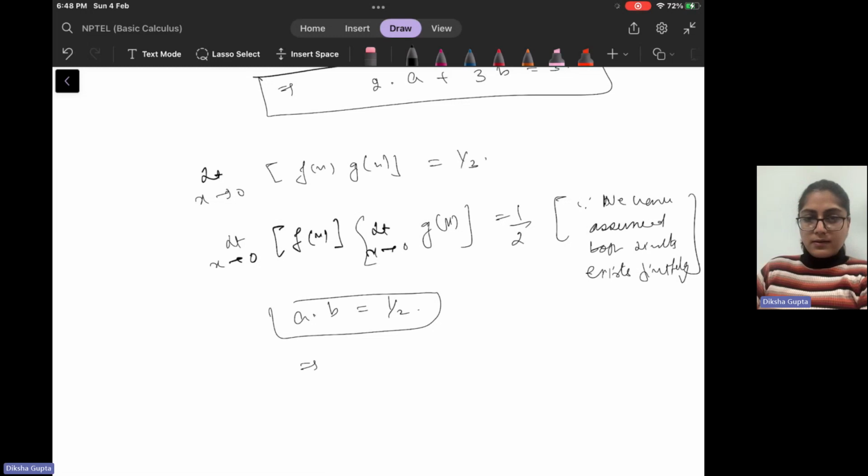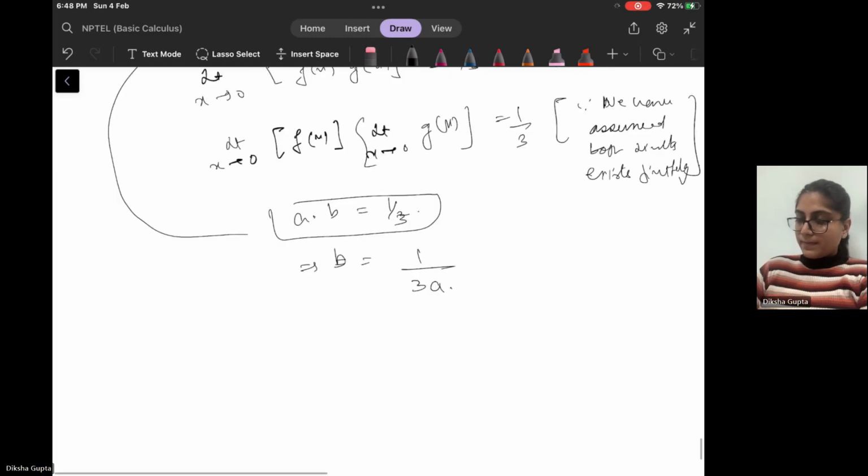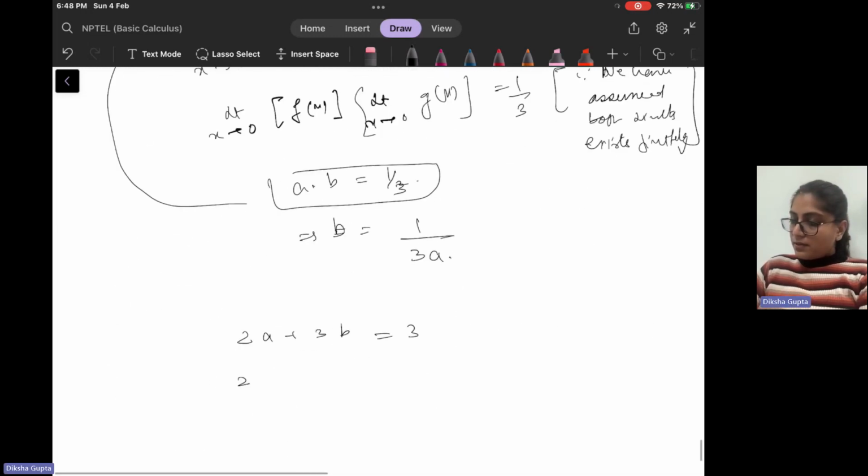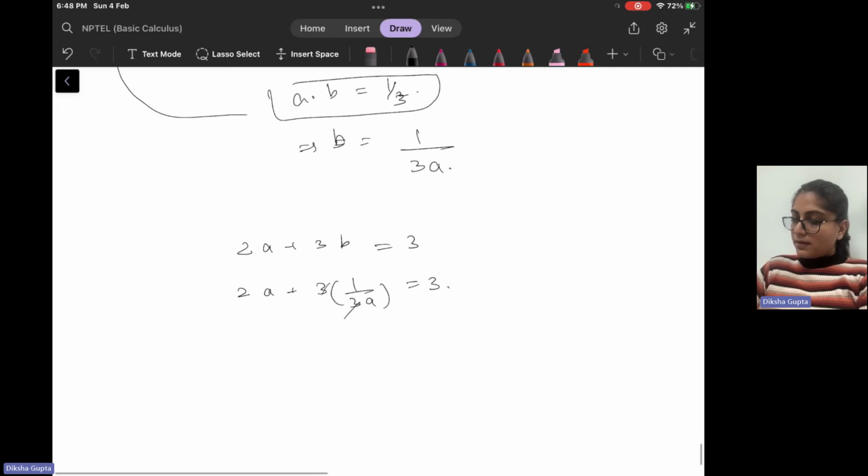So from here, ab is given to be 1 by 3, so b equals 1 by 3a. Just put it here. The equation is 2a plus 3b equals 3. So if I put it, 2a plus 3 into 1 by 3a equals 3. So we have 2a square plus 1 equals 3a.